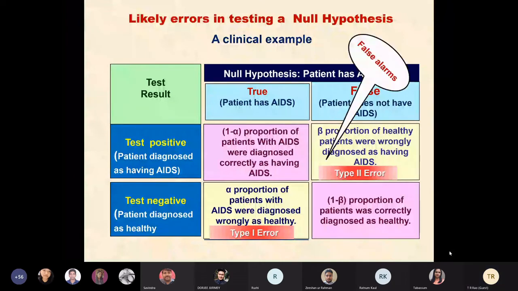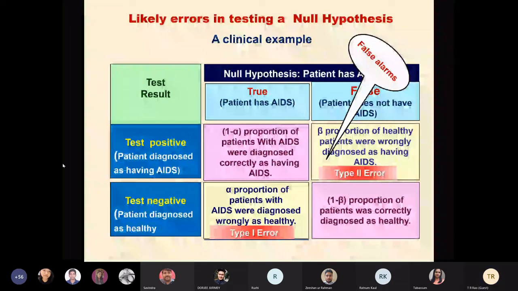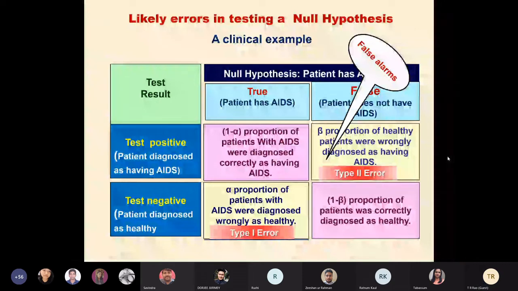Okay. So these you can call false alarms. Because when he didn't have it, it gave a false alarm saying, watch out, this guy has it. As opposed to this, what would you call this one?